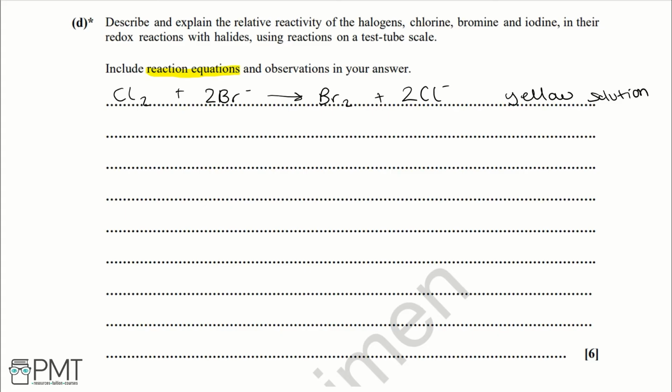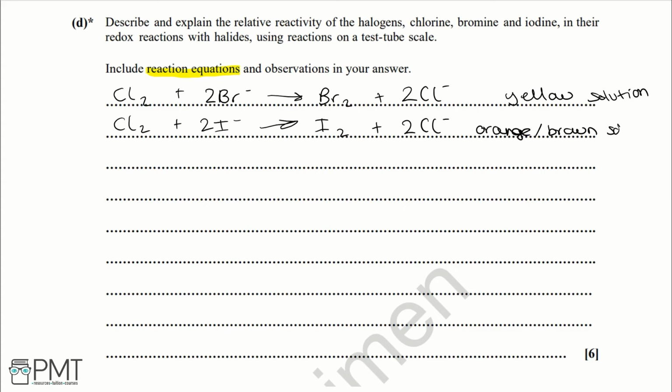Then we can write our second equation, and that will be between chlorine and iodide ions, so I-, and that's going to produce iodine, so I2, and chloride ions, or 2Cl-. And our observation will be an orange or brown solution.